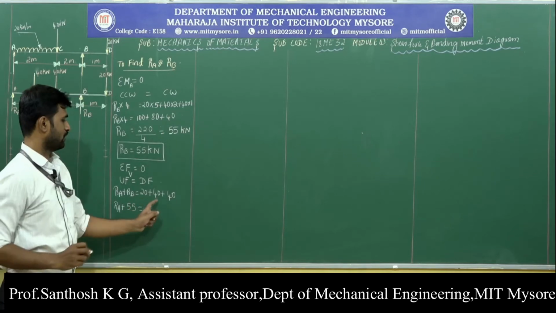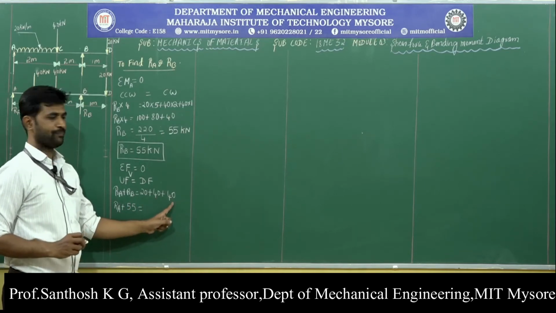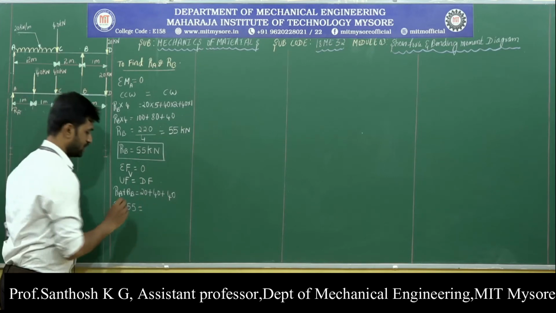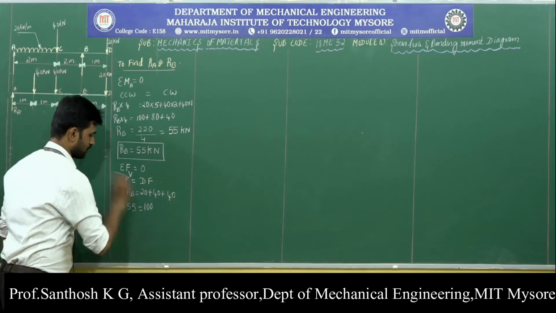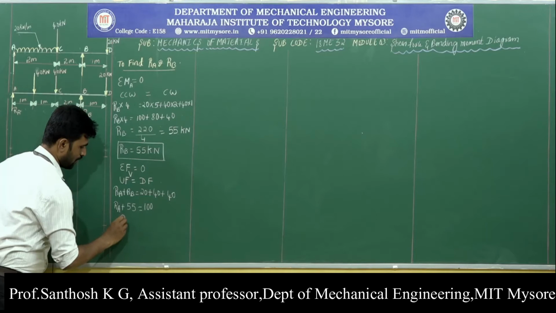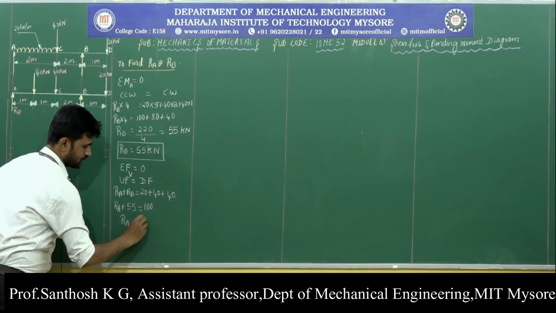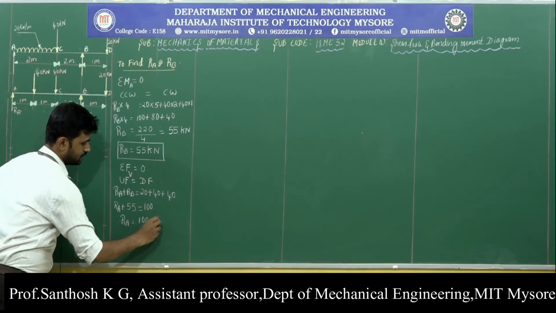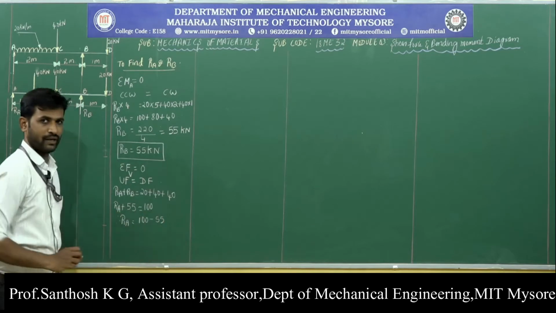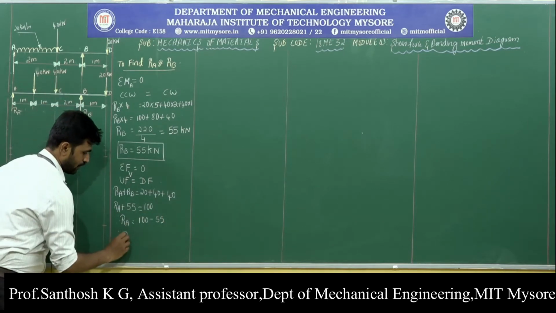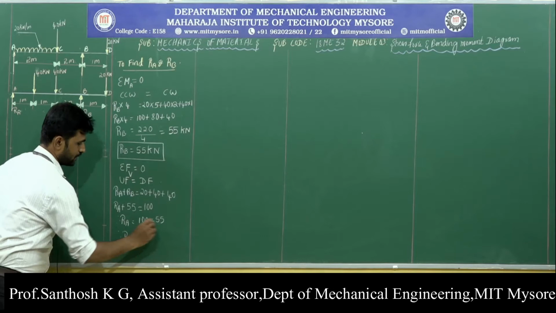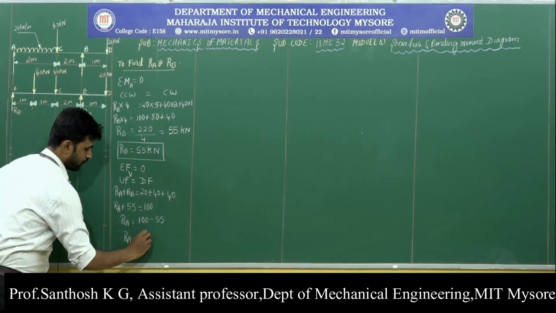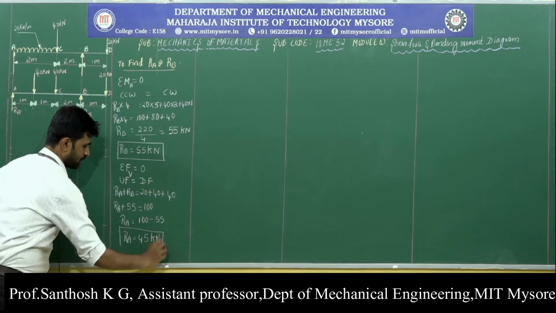So this equals 40 plus 40, 80, 80 plus 20, 100. Therefore, RA equals 100 minus 55, which is 45 kilonewton.